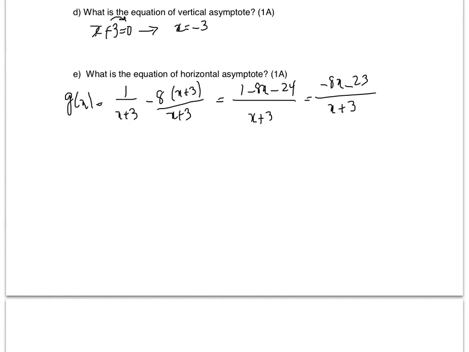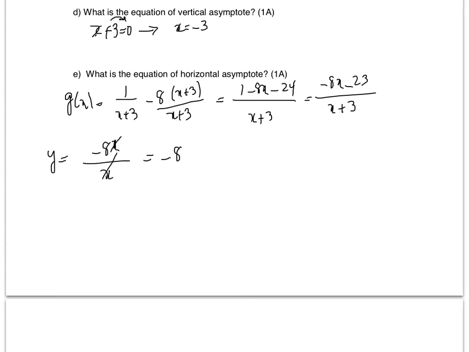Now the highest exponent of the numerator is negative 8x, and the highest exponent in the denominator is x. If I simplify this one, I get negative 8. So this means y equal negative 8 is going to be my horizontal asymptote.